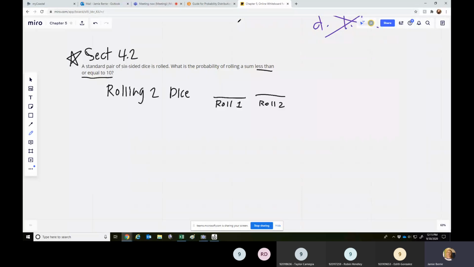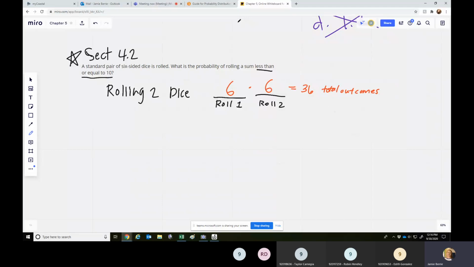If it's a 6-sided dice, there's 6 options for which number could pop up. And then for our second roll, again, there's 6 options for the outcome. The multiplication principle tells us to just multiply these. That tells us there's 36 total outcomes for rolling 2 6-sided dice.